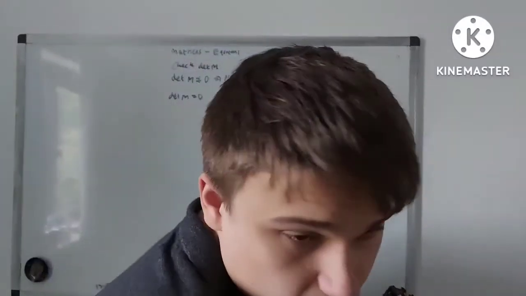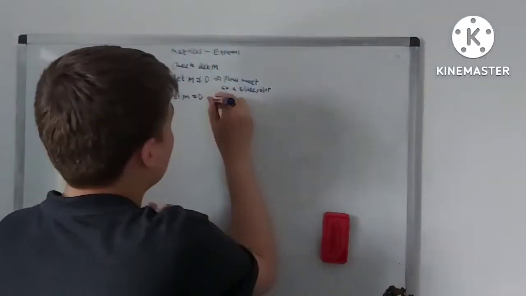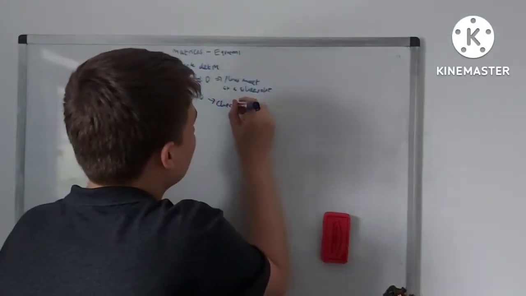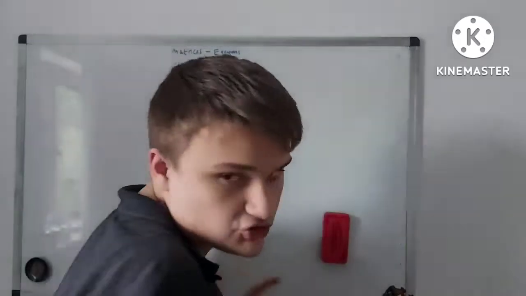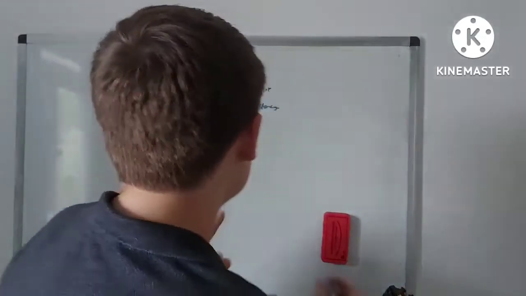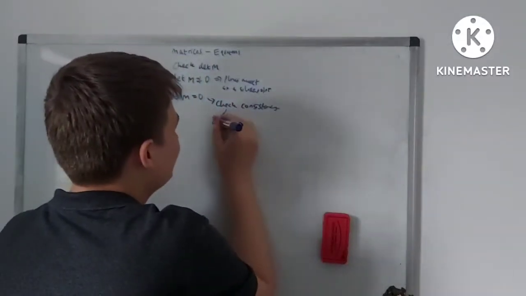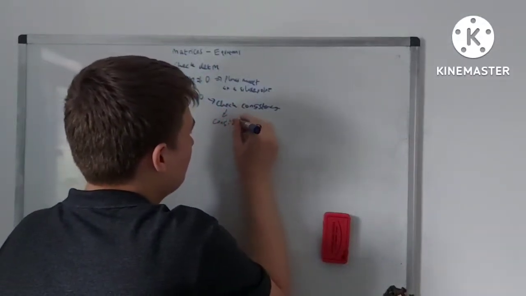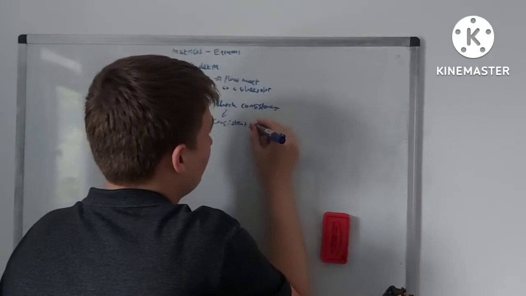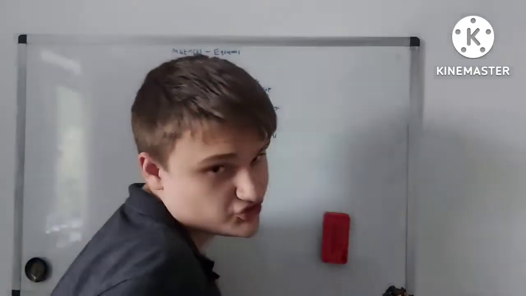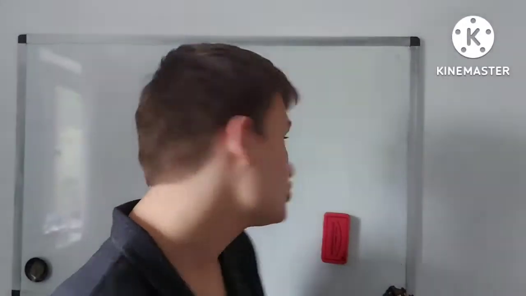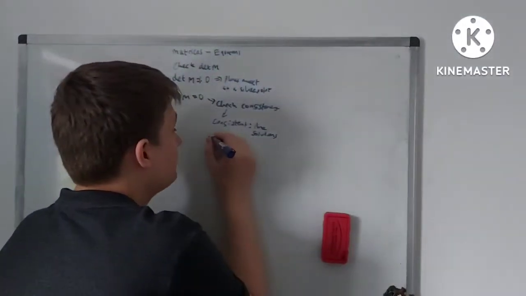Well, if the determinant is equal to 0, what's the next thing we should do? We check consistency. There are 2 ways this can go. If it is consistent, our solutions exist. So it could be, for example, a sheaf.